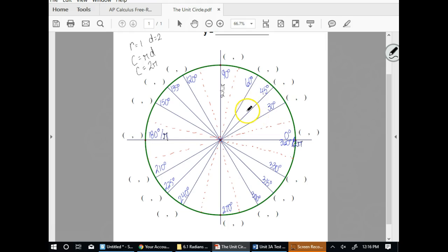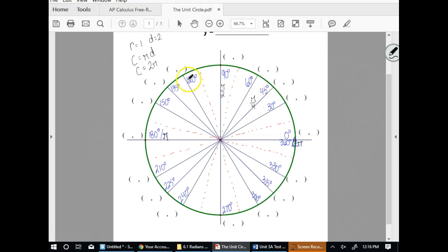What's 45 degrees? It's going to be pi over 4 because it's half of pi over 2, so half of pi over 2 would be pi over 4. Okay?